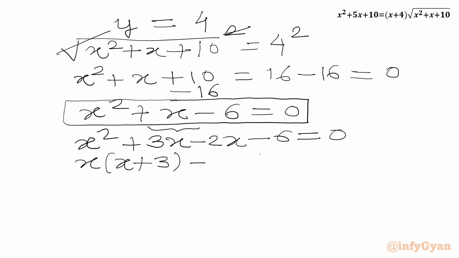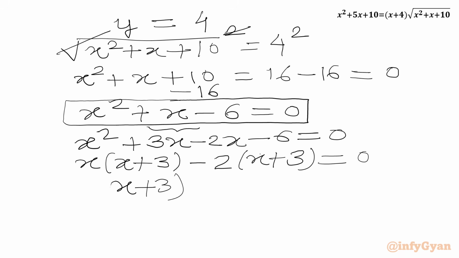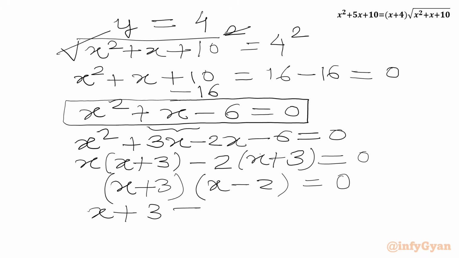From next two terms, I will take minus 2 common and will write x plus 3 equal to 0. Now x plus 3 is overall common. We will get x minus 2 equal to 0. Now we can use product 0 rule and write either x plus 3 equal to 0 or x minus 2 equal to 0.